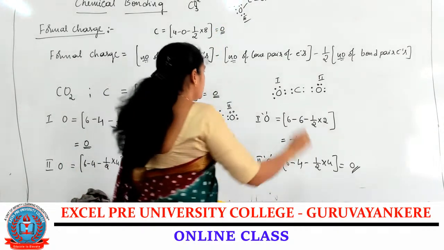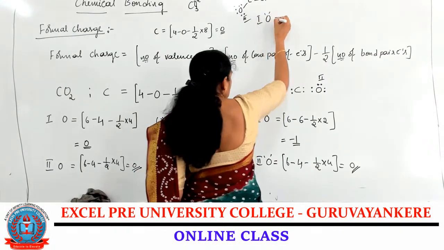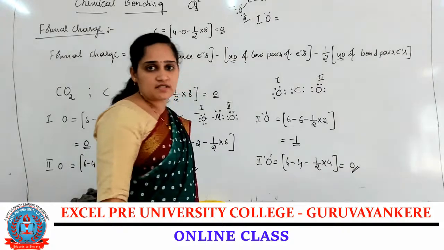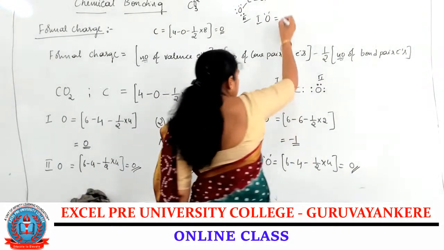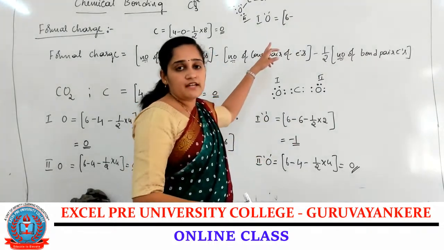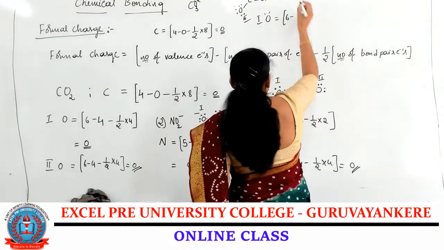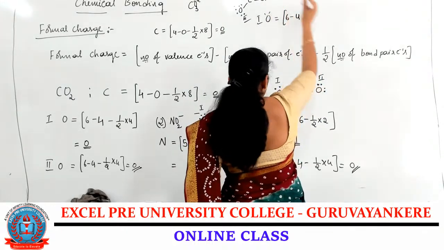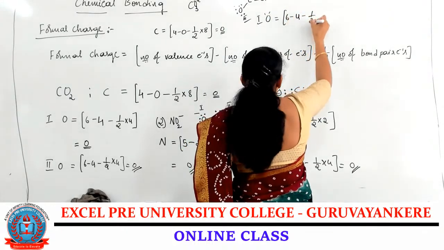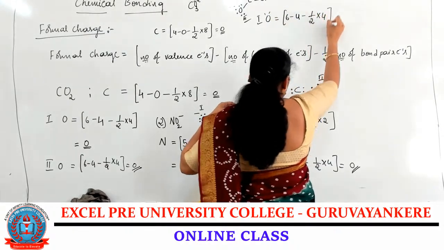Next, if you calculate it for the first oxygen atom: 6 valence electrons on the oxygen atom, minus number of lone pair electrons 4, minus half into 2 bonded paired electrons.